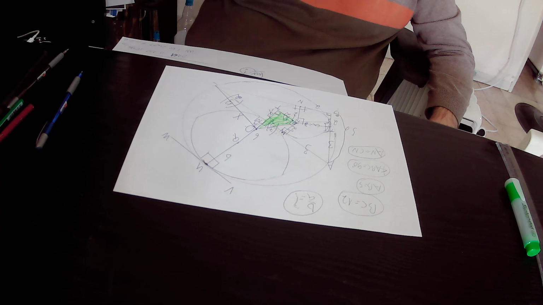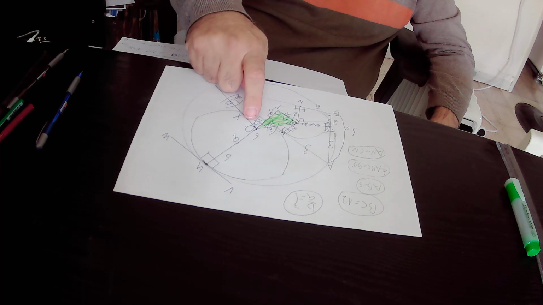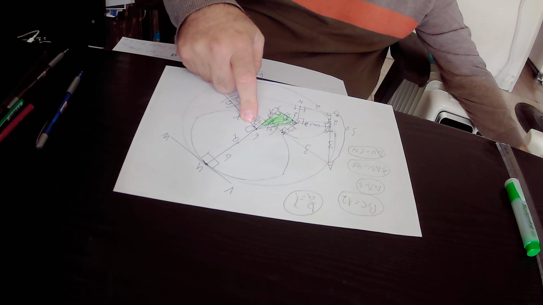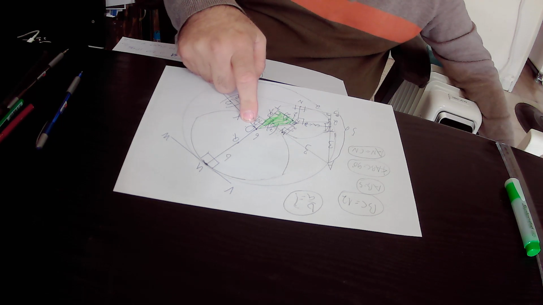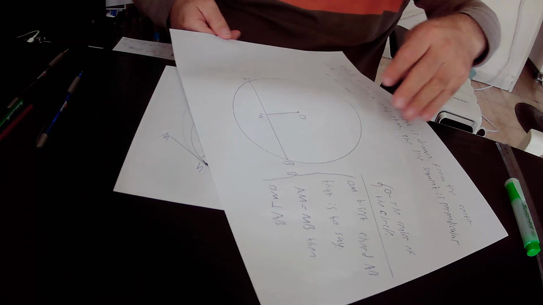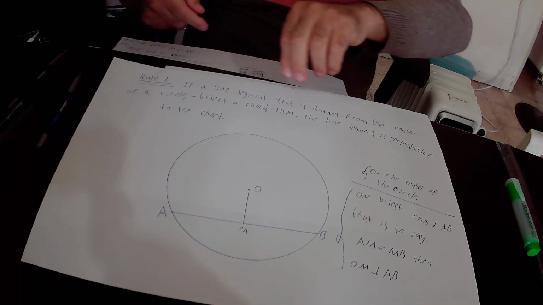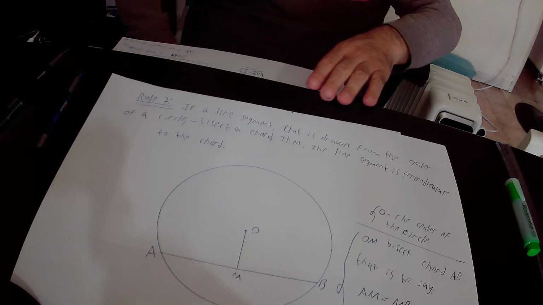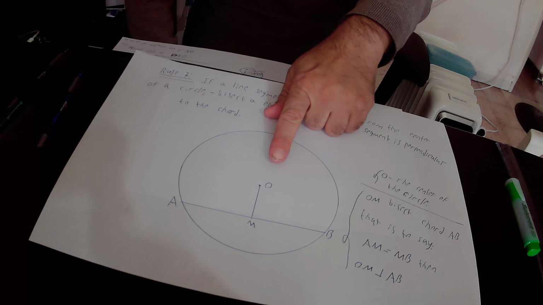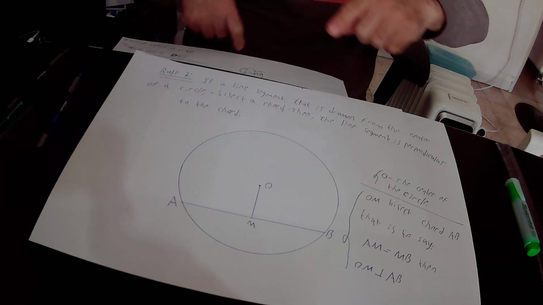And then we have rule number 7. According to rule number 7, if a line segment that is drawn from the center of the circle bisects a chord, then the line segment is perpendicular to the chord. The center of the circle is here at point O. We have here chord AB.